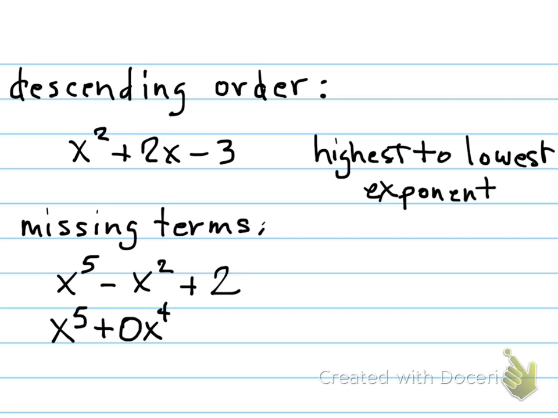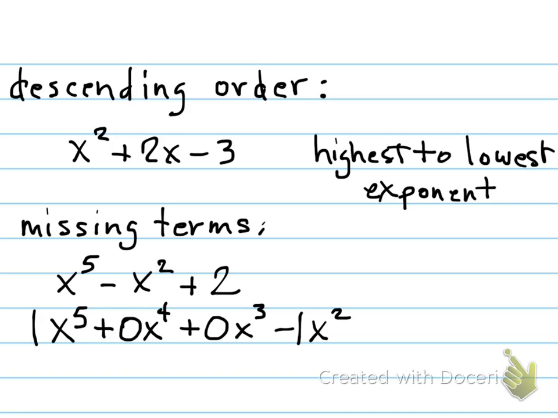What should come after x to the 4th? Do I have any x to the 3rds up there? Nope. So I'm going to put plus 0x to the 3rd. Good. What should come after x to the 3rd? Do I have any x squareds? Yes. So I'll put negative x squared. And if you want, this would be a good time also to put in all those 1s.